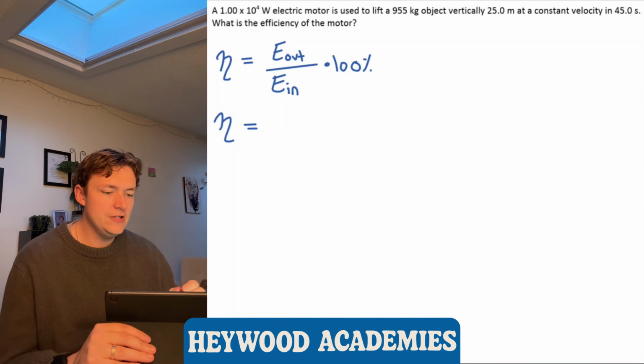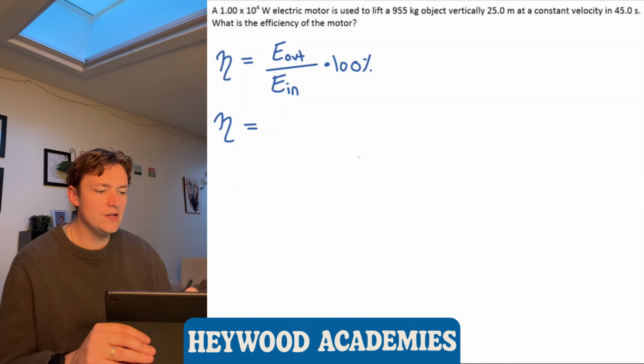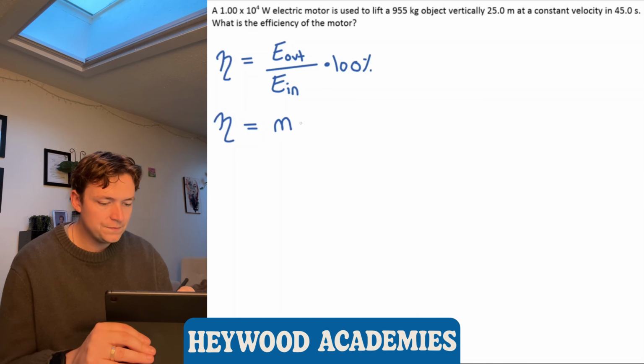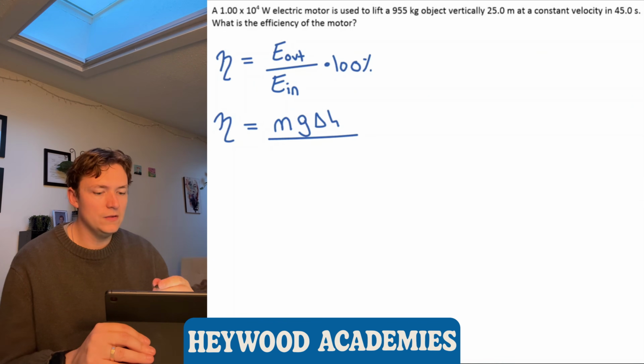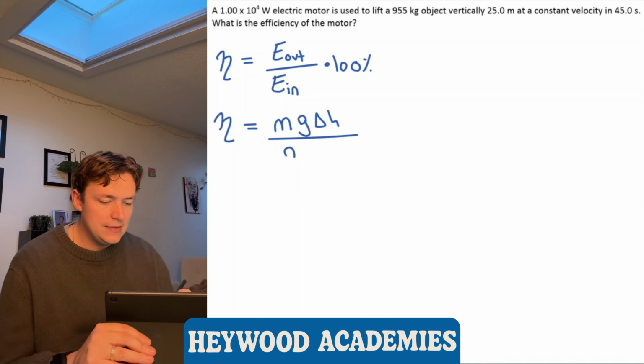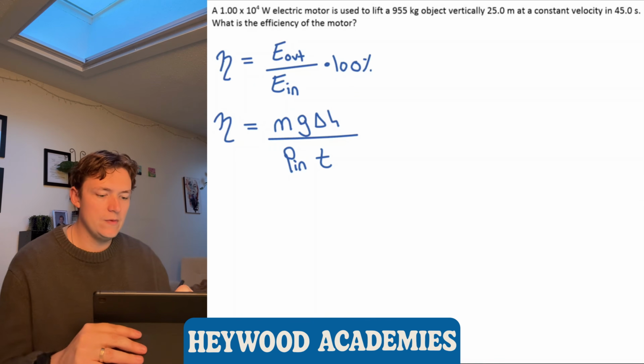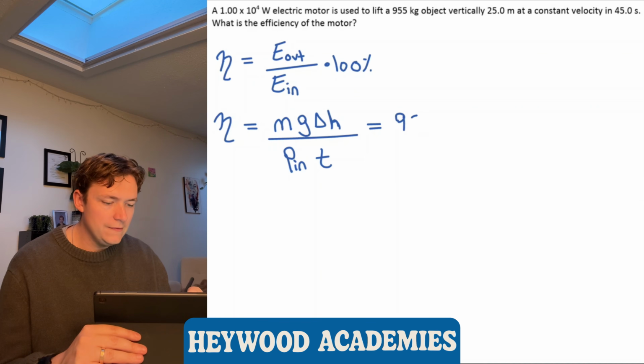So for this one, for the energy out, we are lifting a 955 kilogram object 25 meters. So you could think of that as the energy out would be the change in potential energy of the object. So that's going to be mg delta h. Then for the energy in, they told us the power in, so we just need to multiply that power in times t, and that will give us the total amount of joules that we put into the system. Okay, so the mass was 955.